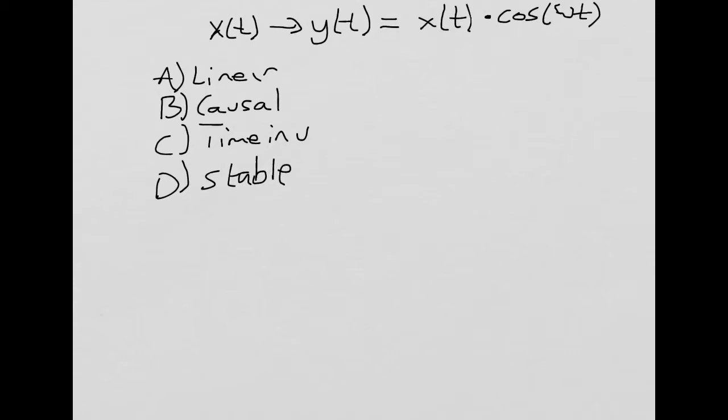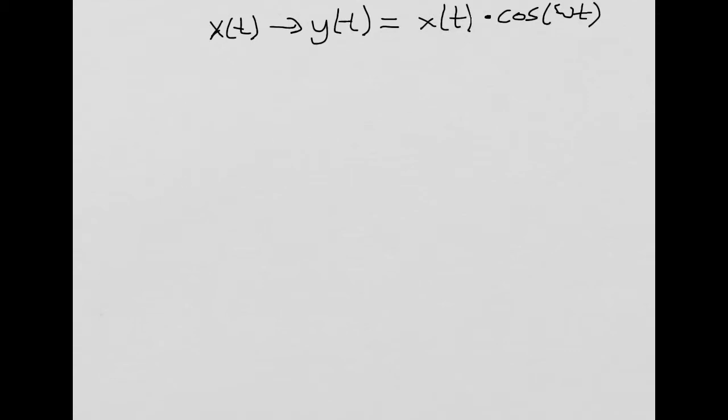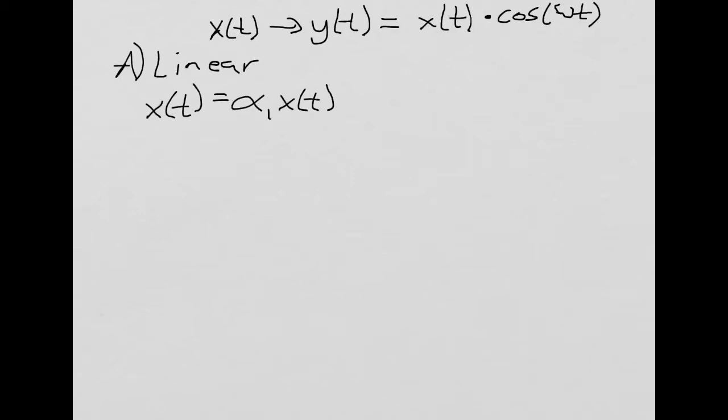So what I'm going to start with is whether it is linear or not. So A, linear. We want to start off by saying that x of t is equal to alpha 1 x1 of t plus alpha 2 x2 of t.